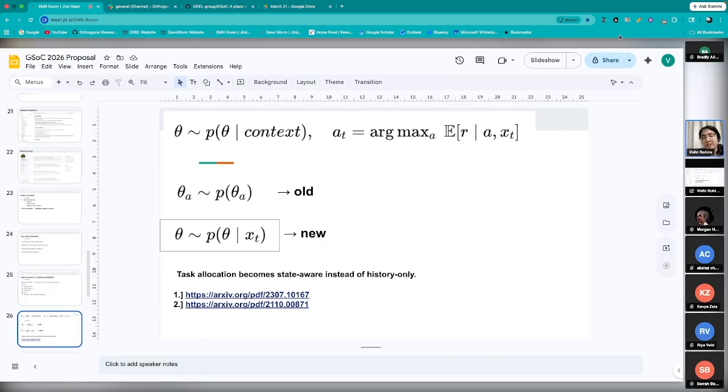Along with history, we can add some context about which contributor can do which task well. The first few steps will obviously use just MAP, but after that we can have this as a middle step, or directly start with this so that there's some context involved, and we can get a better understanding. So task allocation becomes state aware instead of history only. And these two are the papers which I referred to which motivated me to use contextual Thompson sampling.